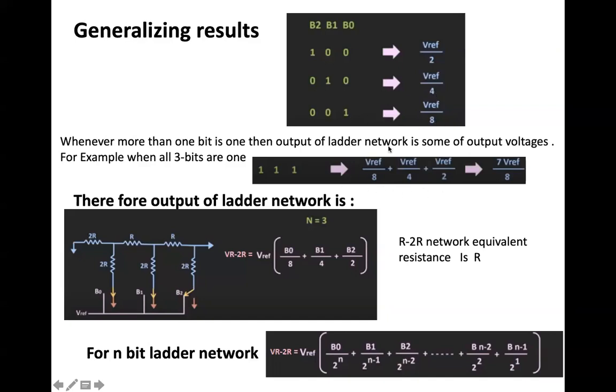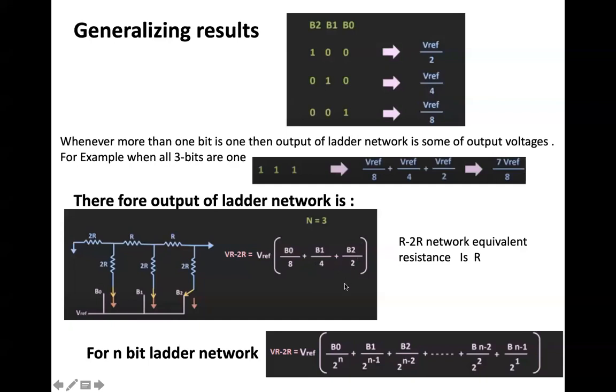So all this will be added. I'm going to take a common value here, and it's going to be 7 V reference divided by 8. So the output of the ladder network is nothing but B0 divided by 8, B1 divided by 4, and B2 divided by 2.